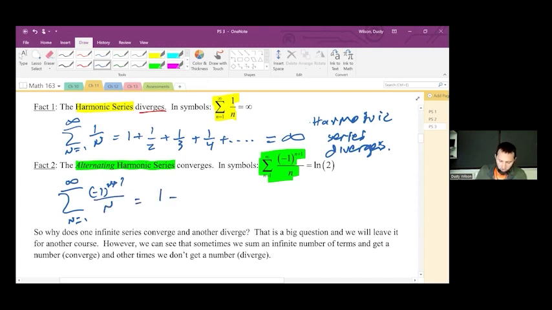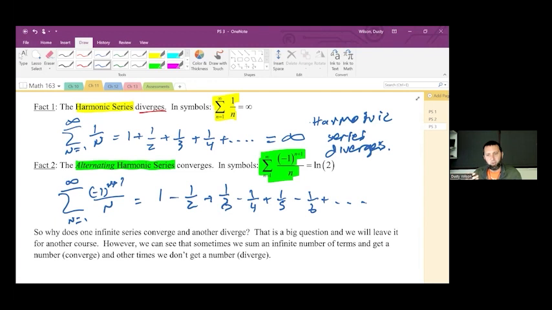So this will be 1 minus 1 over 2 plus 1 over 3 minus 1 over 4 plus 1 over 5 minus 1 over 6, etc. If you add up all of these terms where they have the alternating signs, hence the alternating harmonic series, you will get out a number, a fixed constant number.